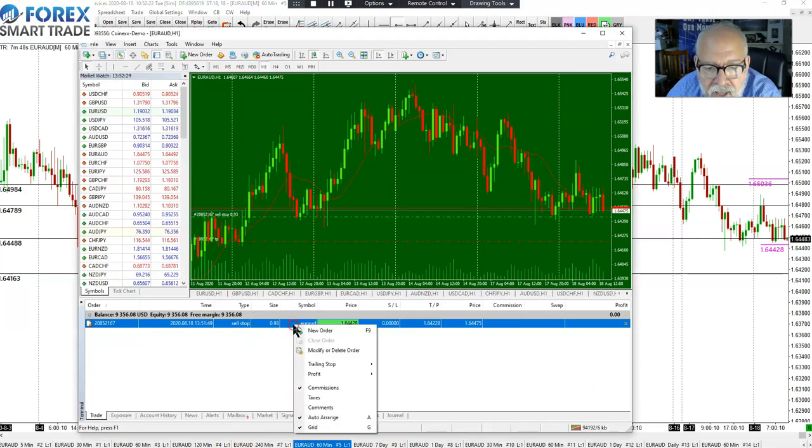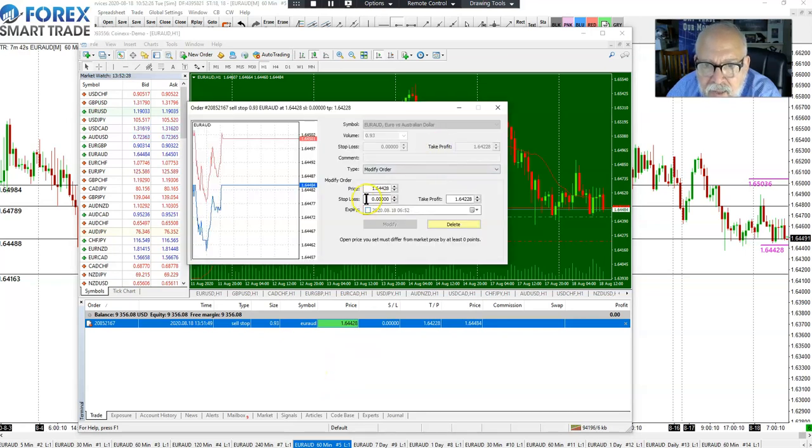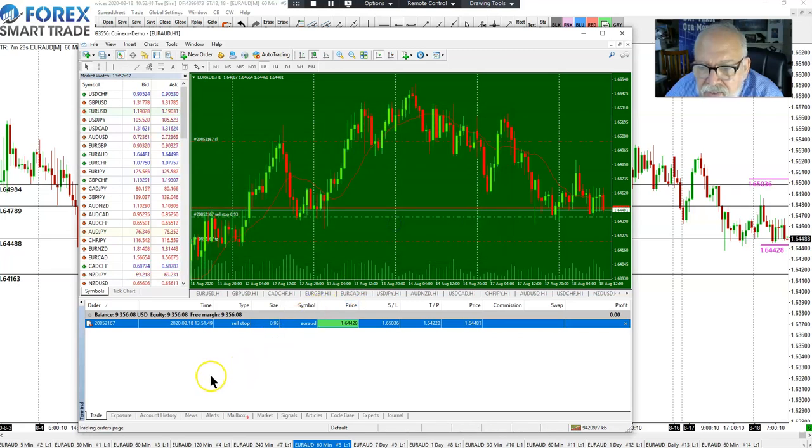To modify, I right click, go to modify, and I am going to type in 1.65036.